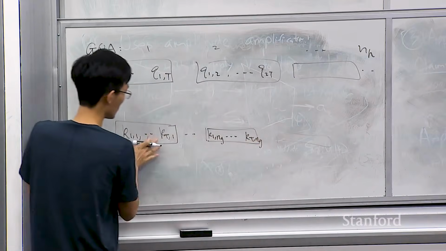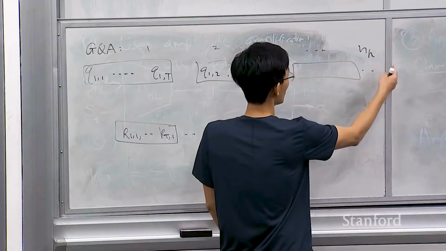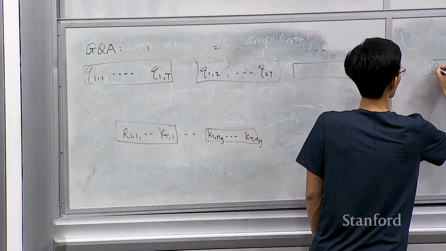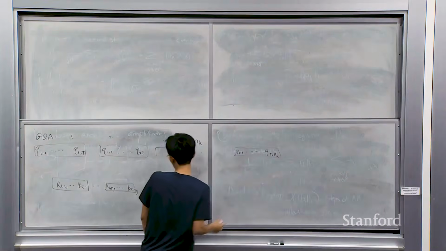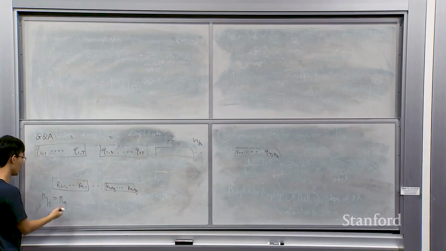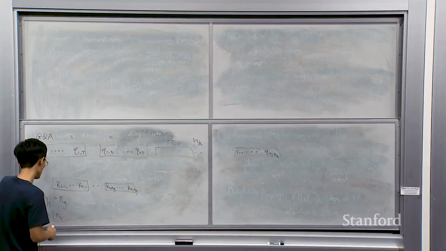So I have NG groups of keys, or NG sequences of keys, but here I have NH sequences of queries. So maybe the last one here is Q1,NH up to QT,NH. And NH is bigger than NG. The number of heads is bigger than the number of groups. And often you just make NG divide NH so that you can have an even distribution.